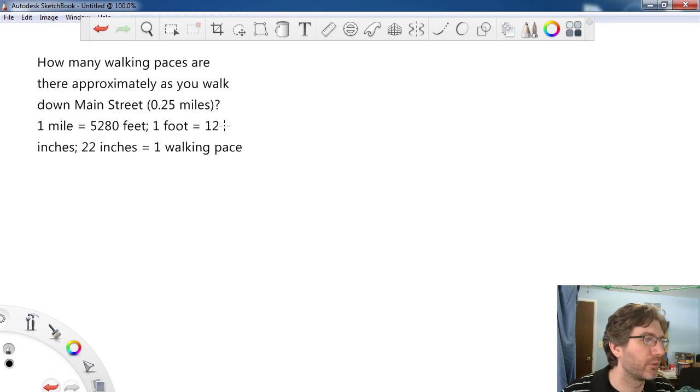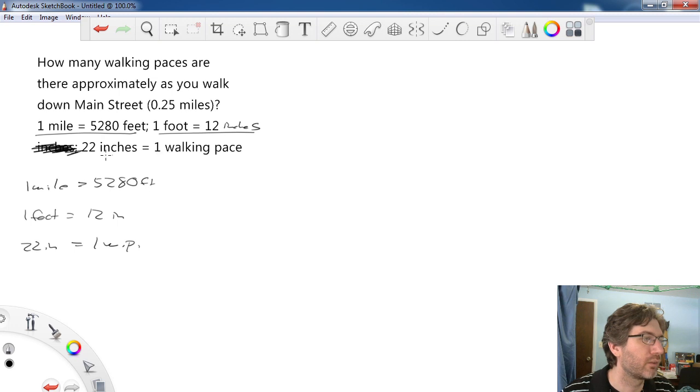I should have put inches up there. You know 1 mile equals 5,280 feet, because it's right there. You know 1 foot equals 12 inches right there. You know 22 inches equals 1 walking pace right there. So there's your conversion ratios. Give it a shot, see what you can do.